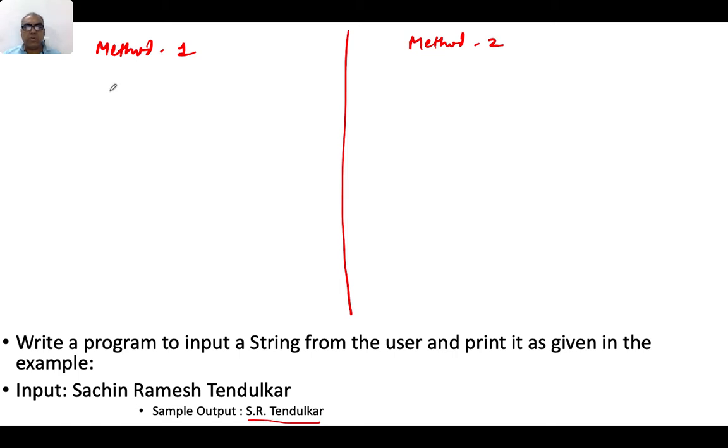We are going to stick to our primary video that we have done, string 3 video, where we read word by word. In word by word, there are two things we do.